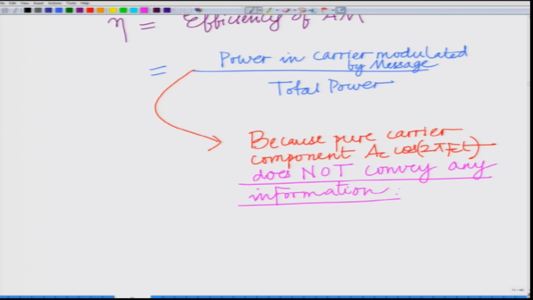The information is contained in the message signal m(t). Therefore, the pure carrier is only being transmitted to enable envelope detection, alright.